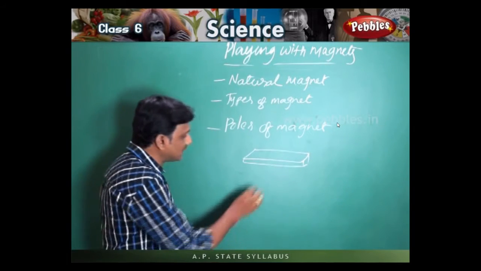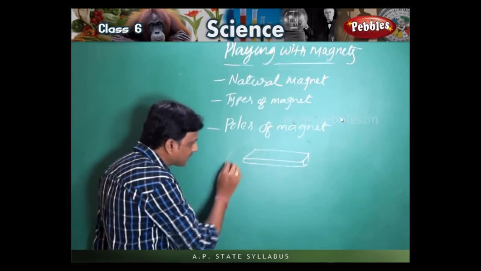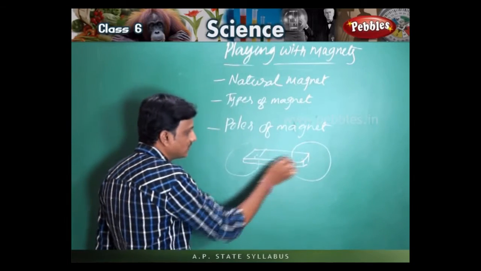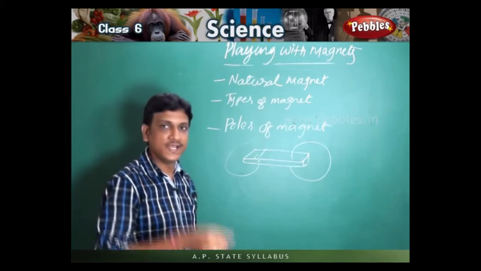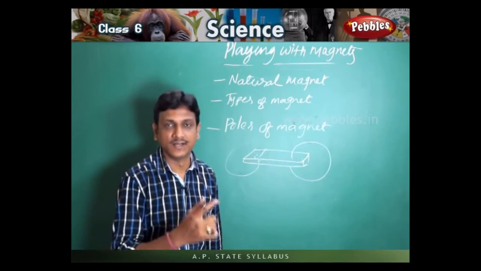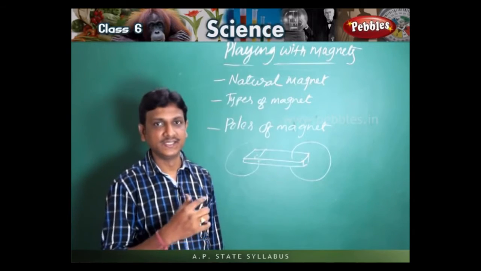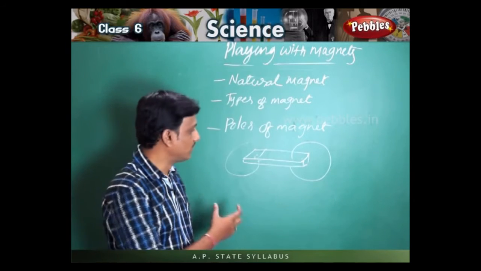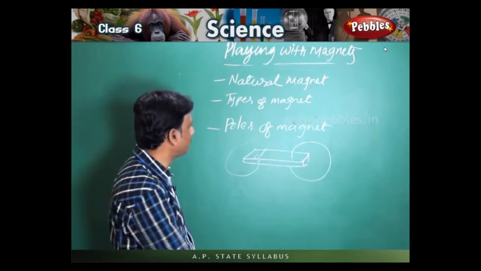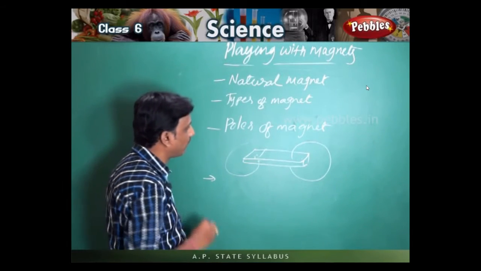And the attraction of a magnet is more near the poles, that is towards the ends. If we hang a bar magnet freely, it always points towards the north and south directions of the earth. Based on this, we make compasses to know the direction. So that is what we learned about the poles of a magnet.